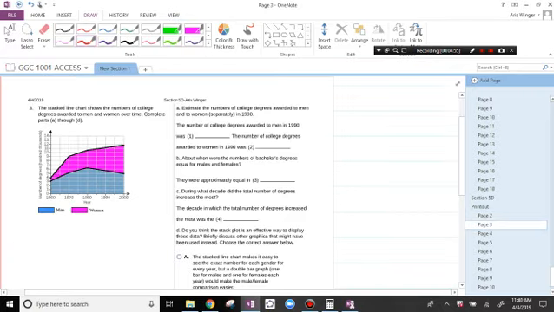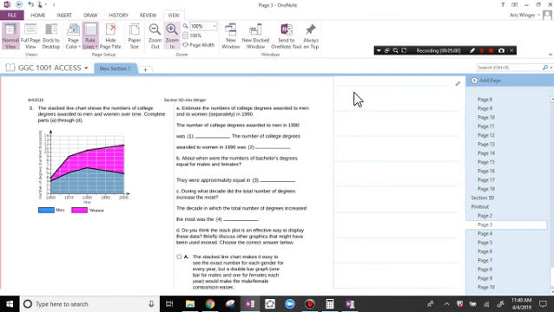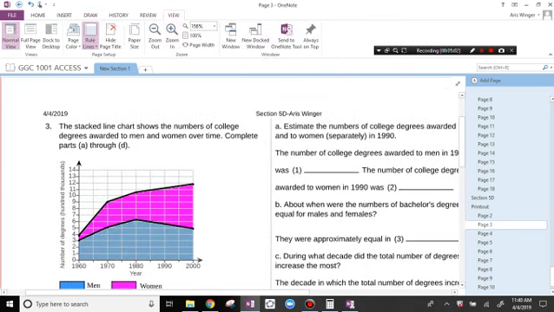Let's increase the view. Here we have a stacked line chart. So this here tells you what's going on with the men, and this spacing tells you what's going on with the women. So for instance, here in 2000, for the men there were about 500,000.